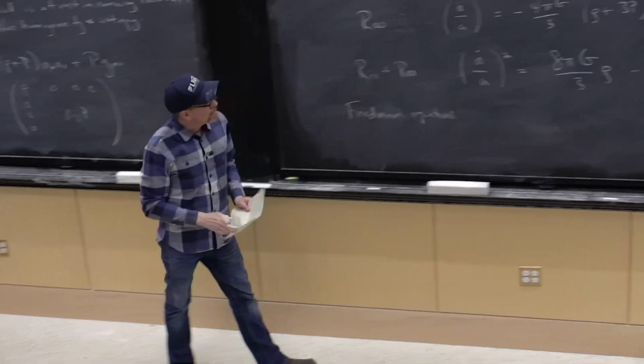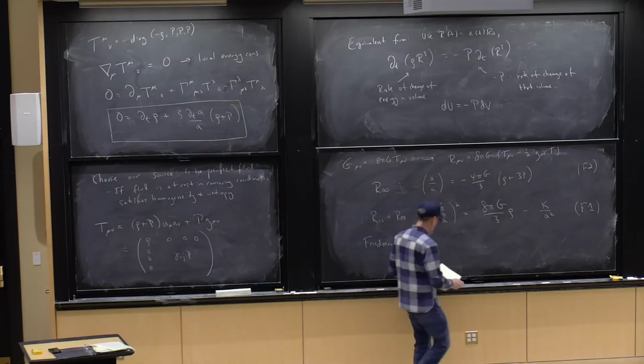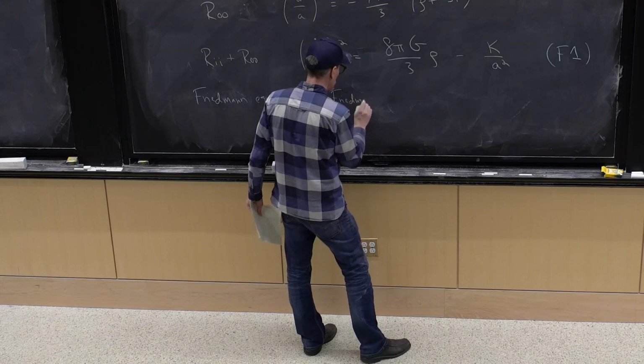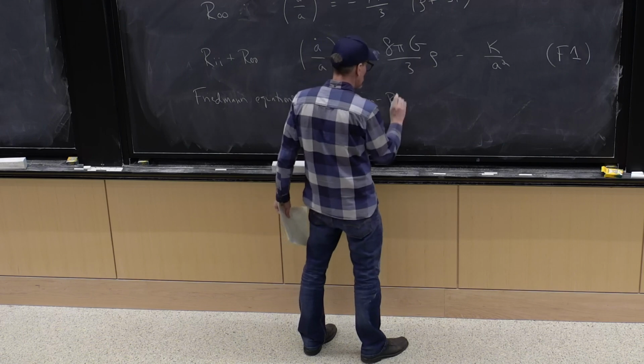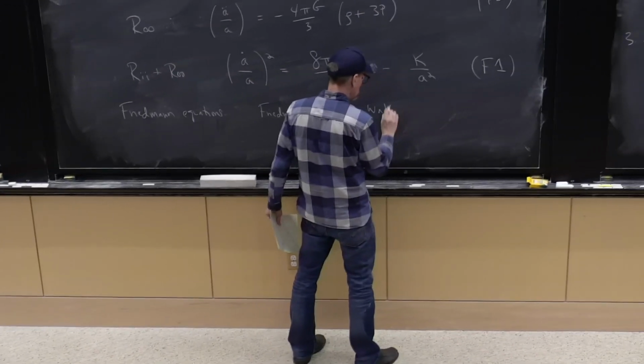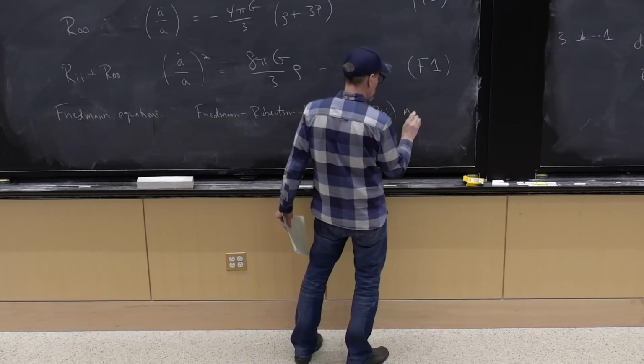When one uses them to describe your line element, you get Friedmann, Robertson, Walker metrics.